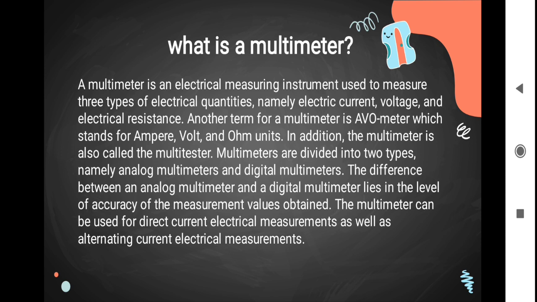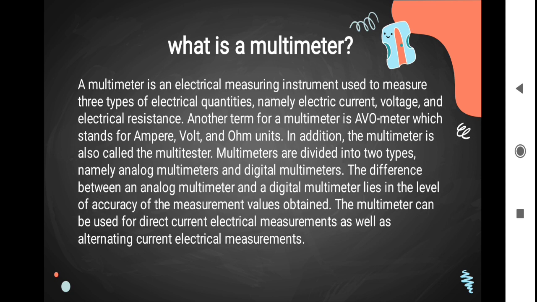Another name for a multimeter is AVO meter, which stands for ampere, volt, and ohm units. In addition, the multimeter is also called the multitester.